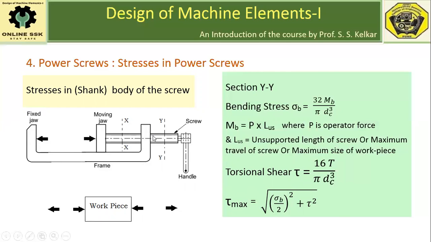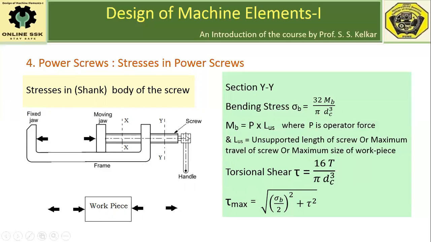As this portion, section YY, is subjected to bending moment MB, it will be subjected to bending stress, which will be given by 32 times MB upon pi dc cube, where MB is the bending moment.